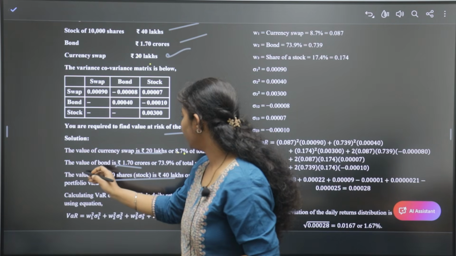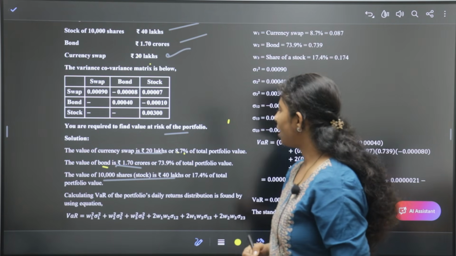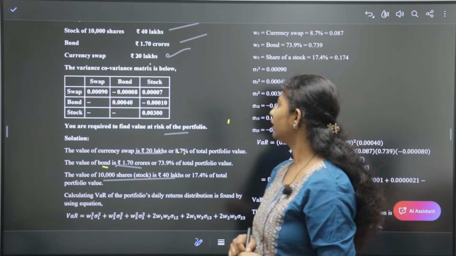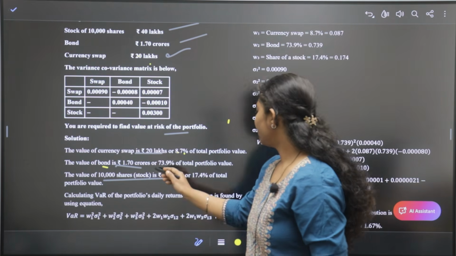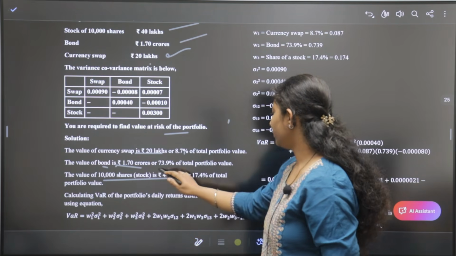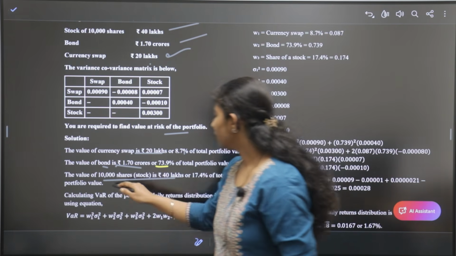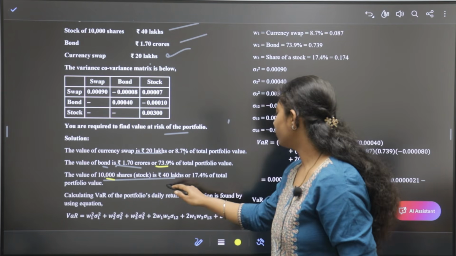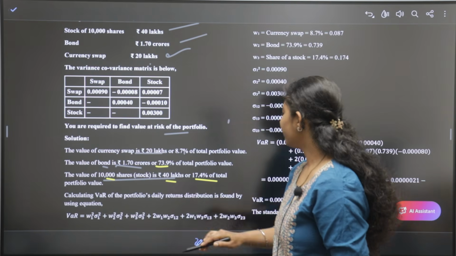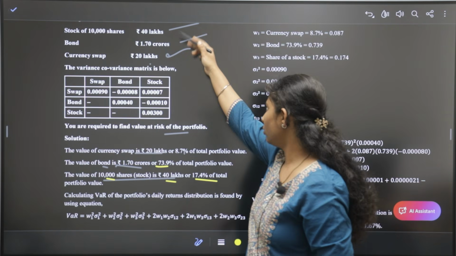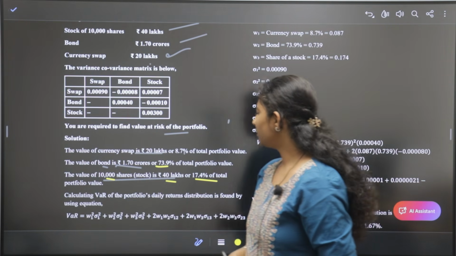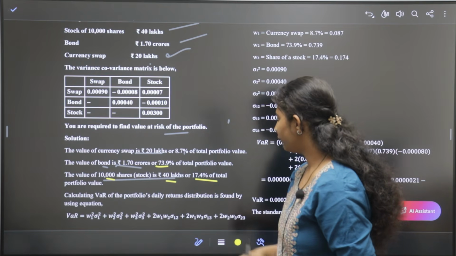Next, the value of the bond is 1.70 crore, so its percentage of total portfolio value will be about 73%. The value of 10,000 shares is 40 lakhs, which is 17% of your portfolio value. So these are the portfolio weights we found out.